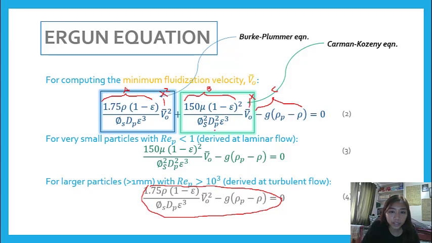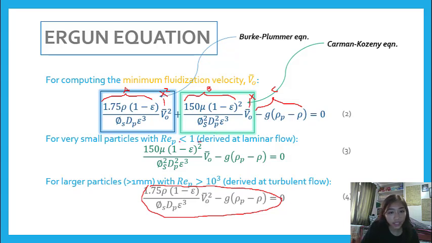So, isolating this part of the Ergun equation, it is called the Carman-Kozeny equation. We use the Carman-Kozeny equation for very small particles with Reynolds number less than 1. This equation is derived from laminar flow.